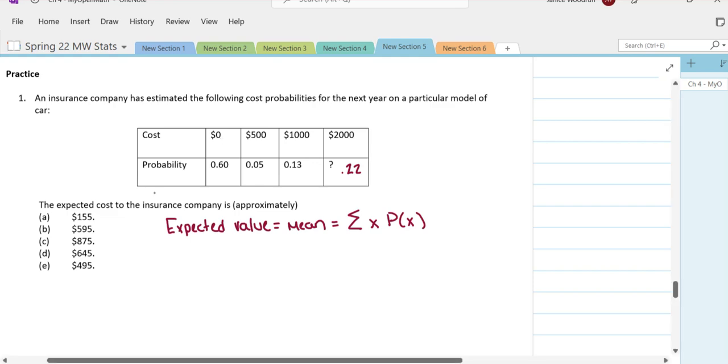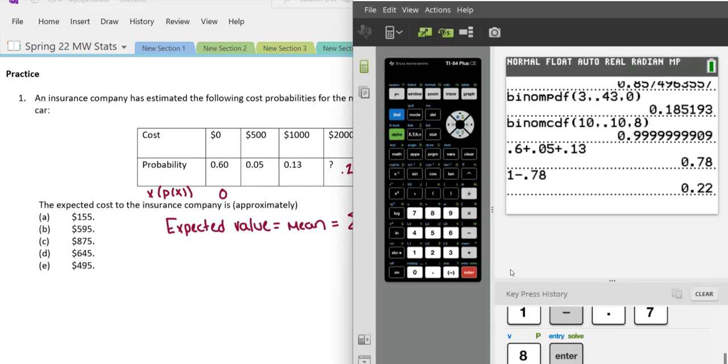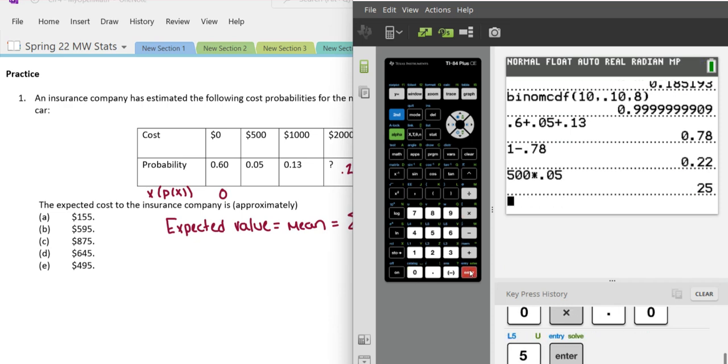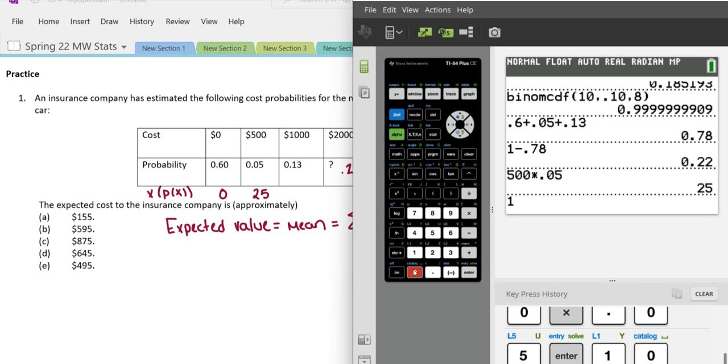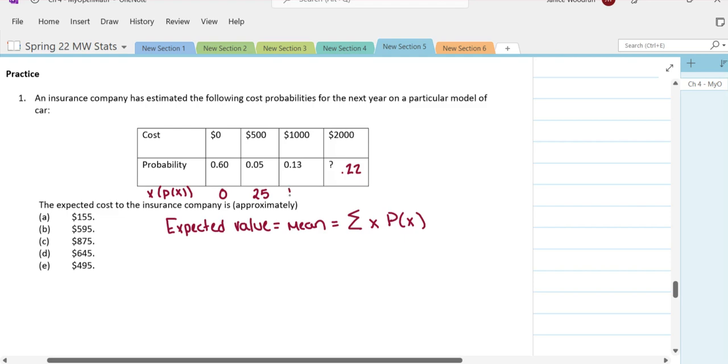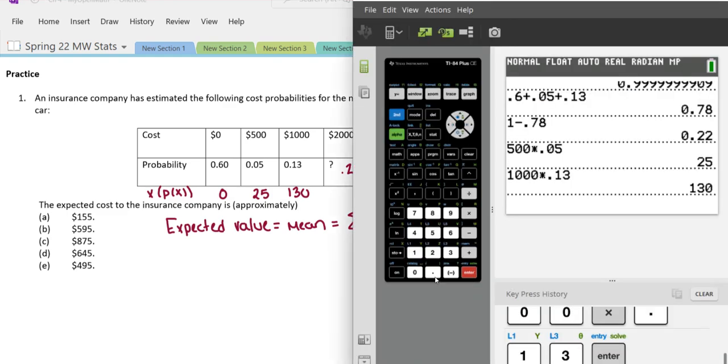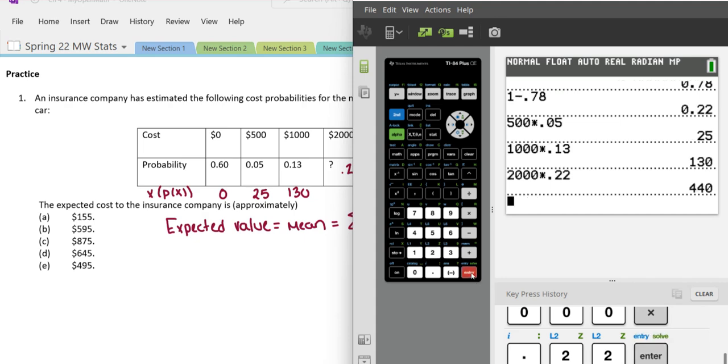I need to do 0 times 0.6, which is 0. 500 times 0.05 is going to be 25. 1,000 times 0.13 is going to be 130. And then 2,000 times 0.22 is going to be 440.